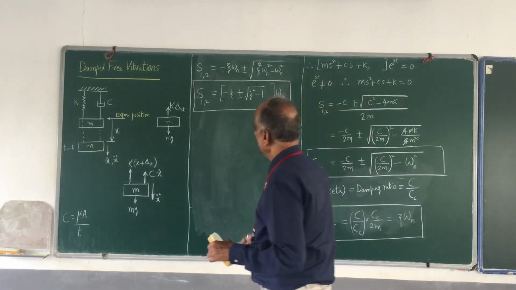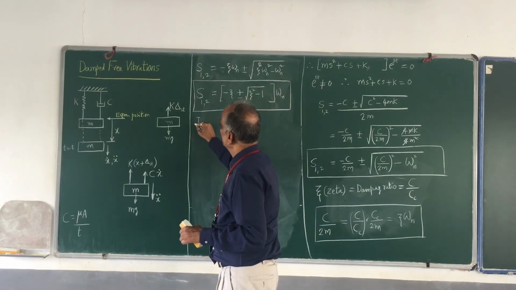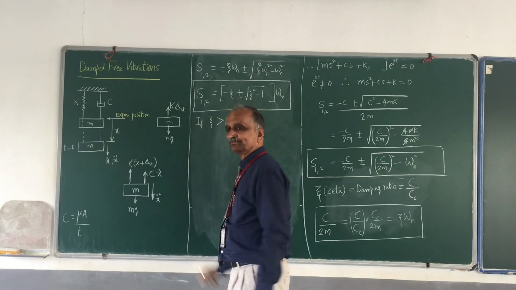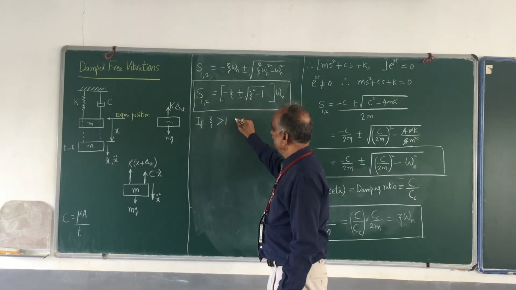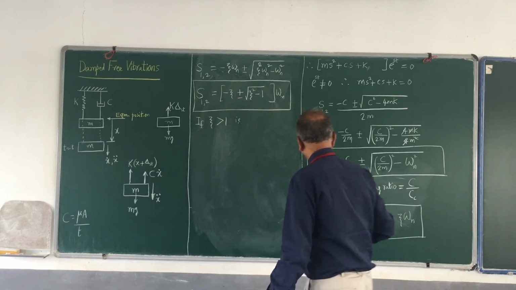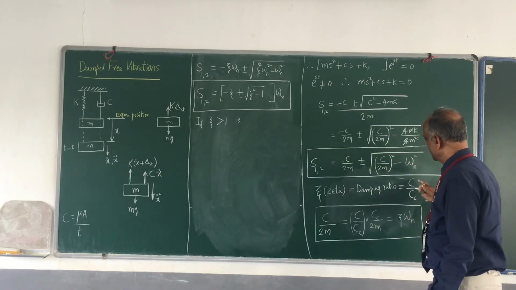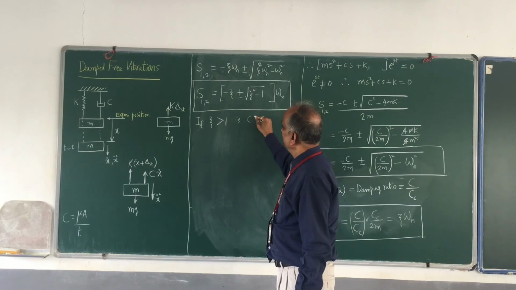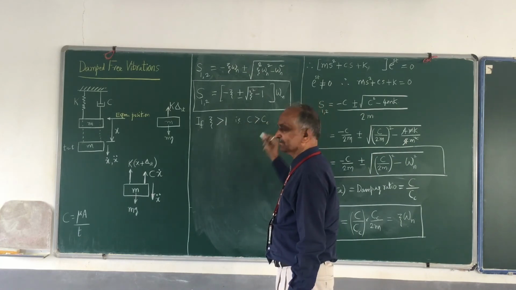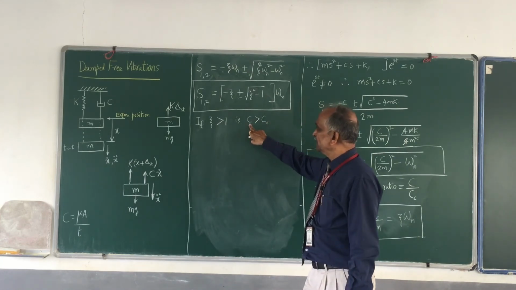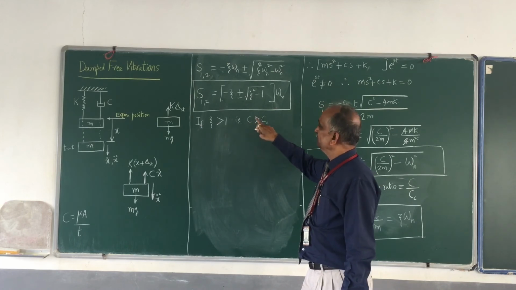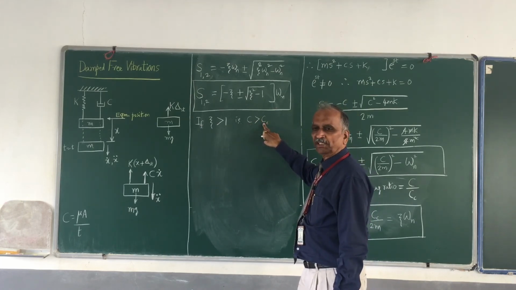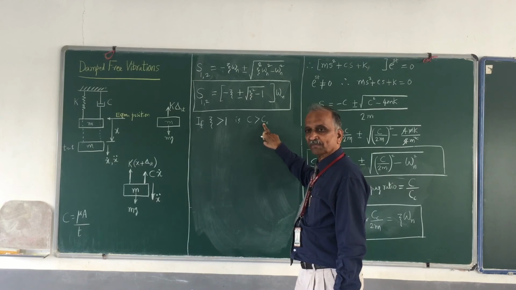So if zeta is greater than 1, that is, when zeta is greater than 1, C must be greater than Cc. The actual damping coefficient is greater than the critical damping coefficient.